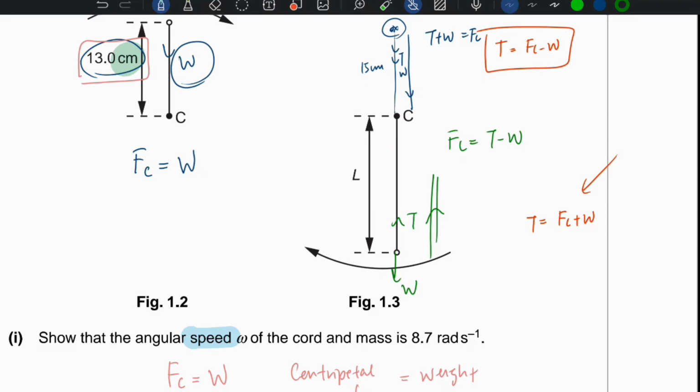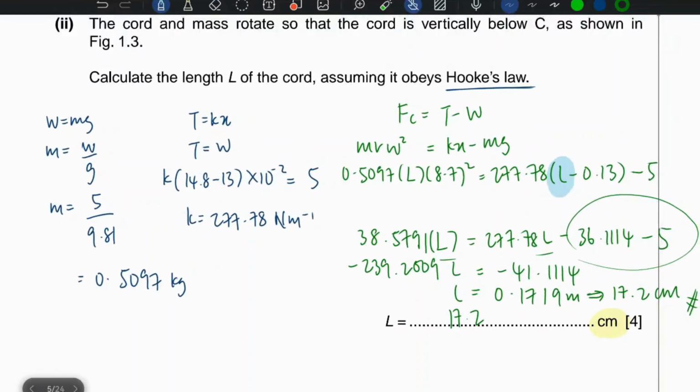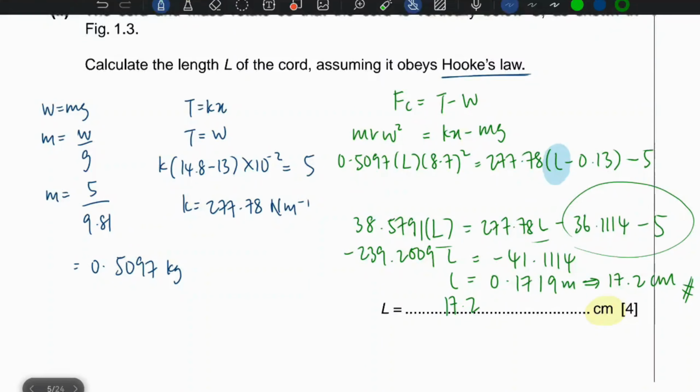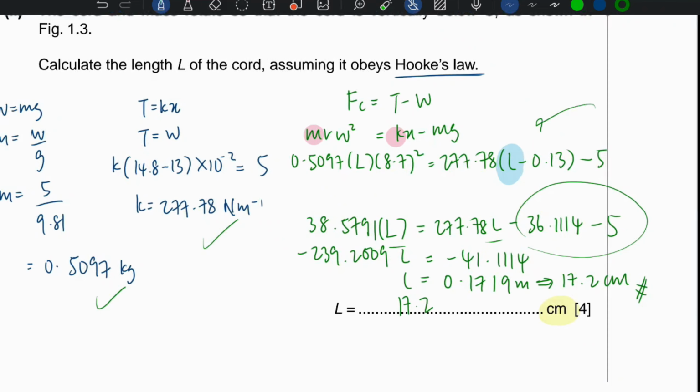Then we realize that we need to find some values, which is we need to find our K, and we had to find our M. So we found that first before we substitute. You get your mass, get your Cots constant, then you substitute your values inside.